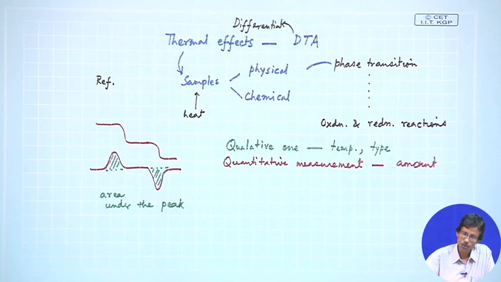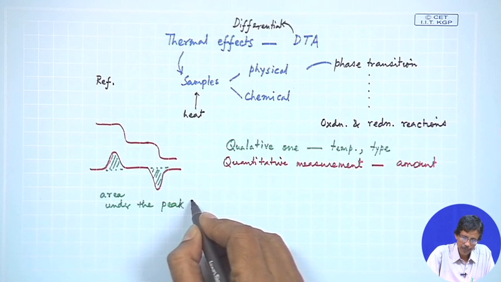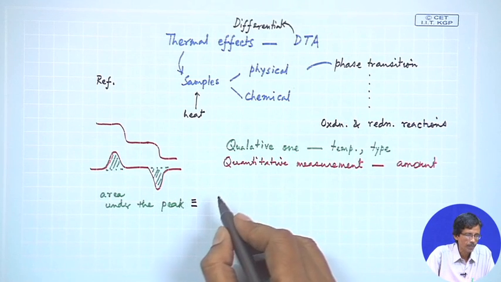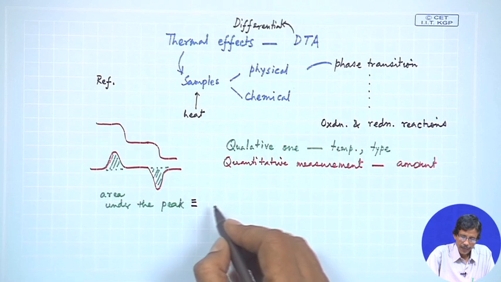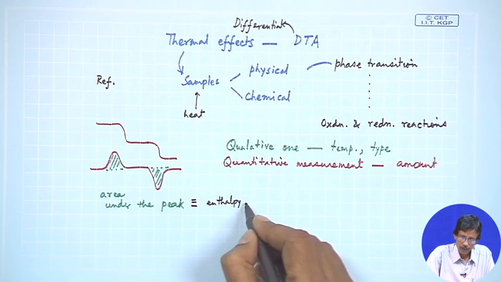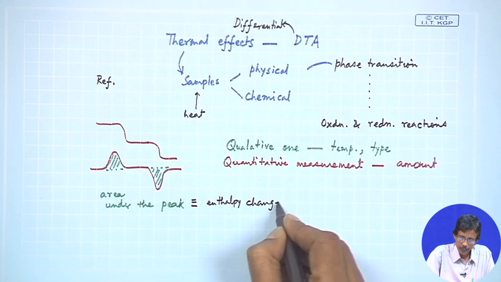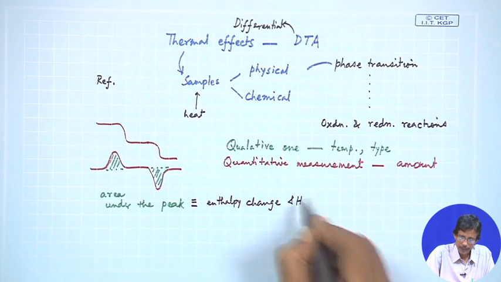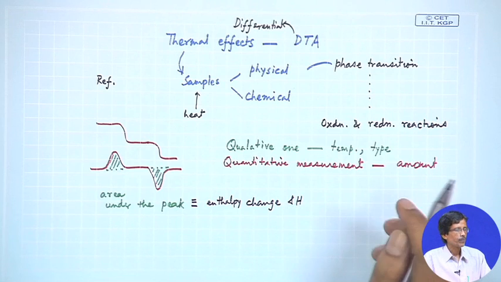So, quantitatively what we can do? Quantitatively we can go for the corresponding estimation, that means this can be equivalent to the enthalpy change, and we can write in this fashion that it is enthalpy change or delta H.